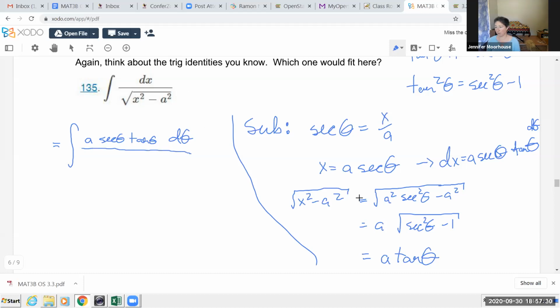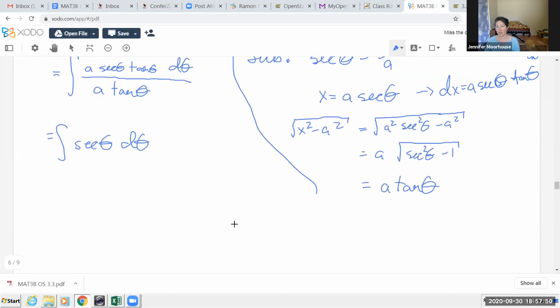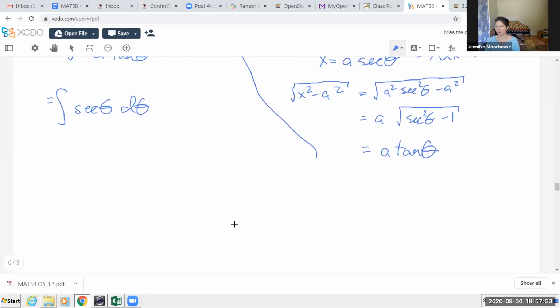The square root of x squared minus a squared we figured out was a tan theta. And so the tan thetas cancel and the a's cancel, and that's just secant. And then we use that same formula. The integral of secant is ln of secant theta plus tan theta.